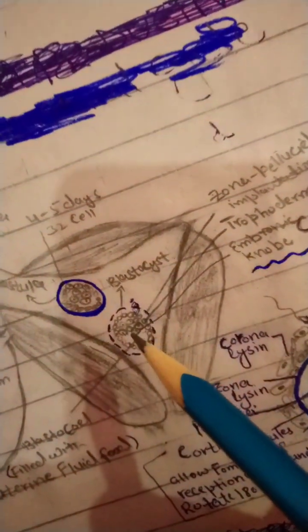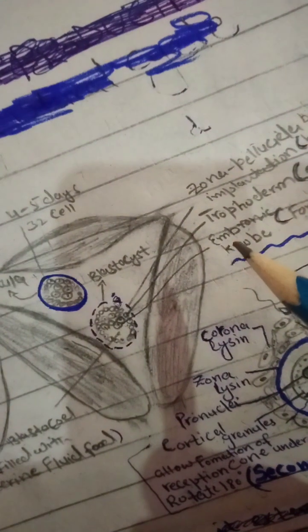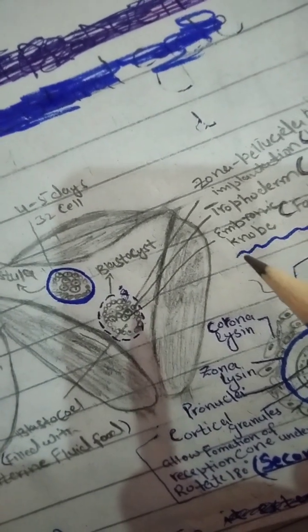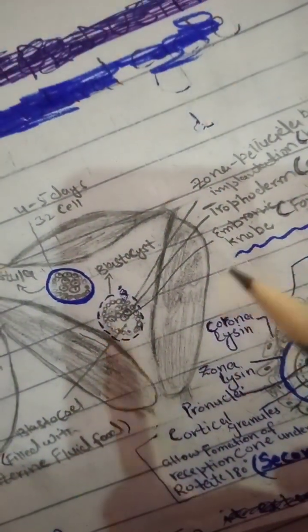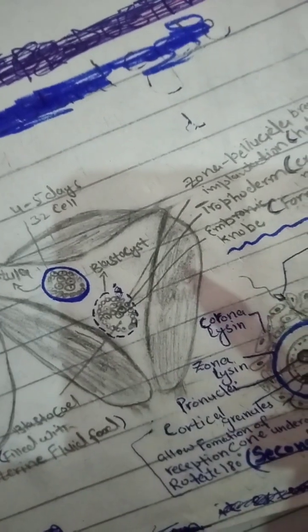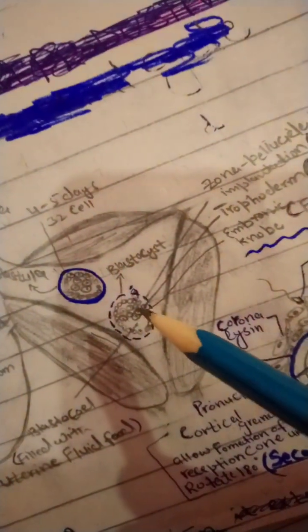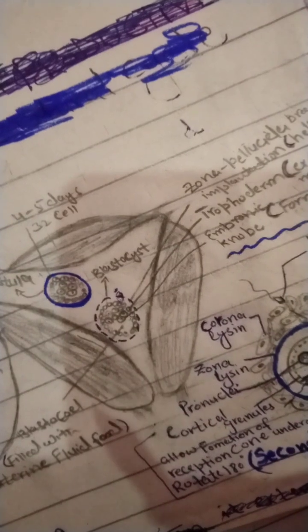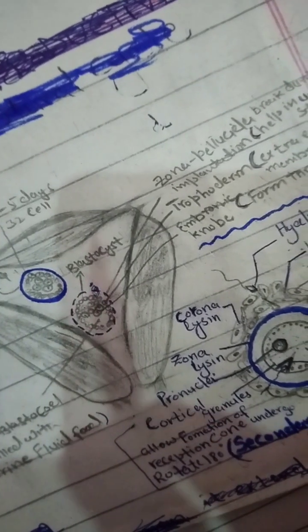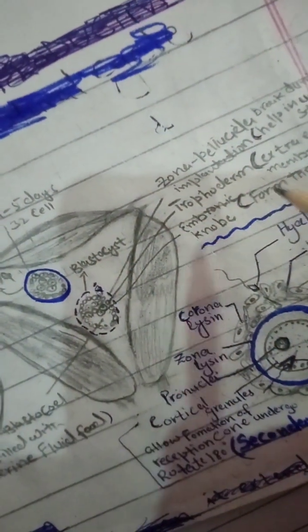The larger innermost cells are called the embryonic knob, which makes the embryo and the three germ layers: ectoderm, mesoderm, and endoderm. In the future, these make the complete fetus, a complete baby. Living organisms consist of three germ layers: ectoderm, mesoderm, and endoderm, and the embryonic knob makes them in the future.